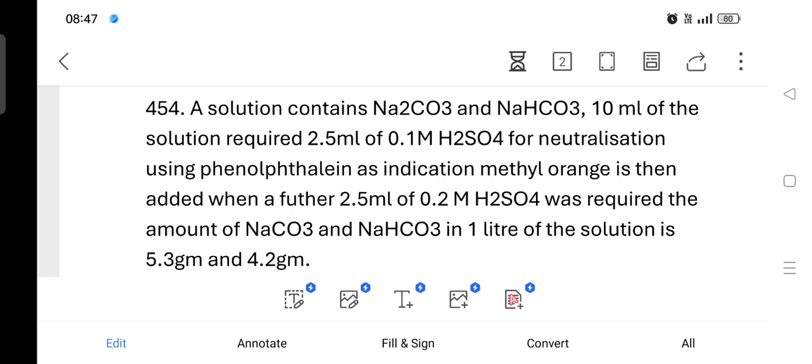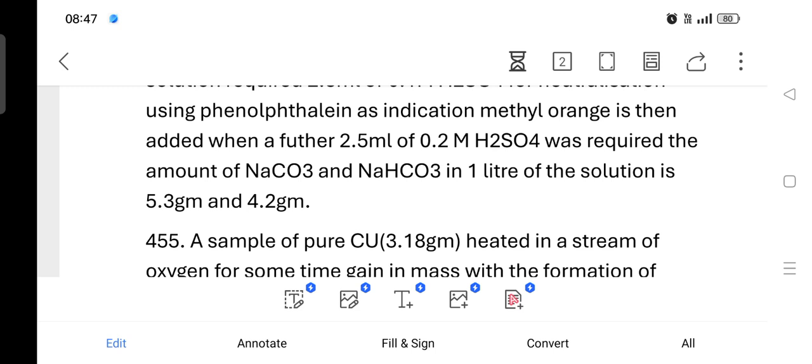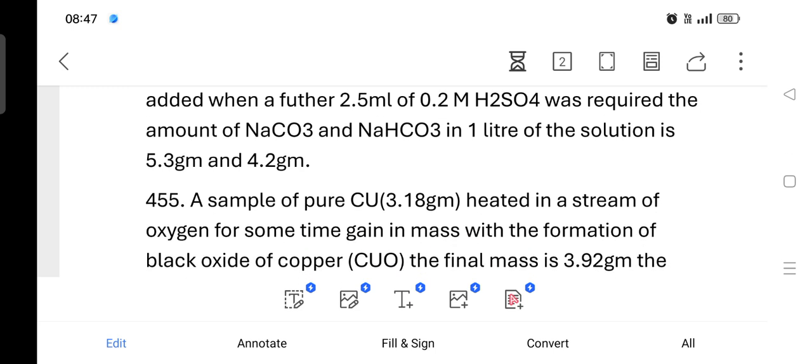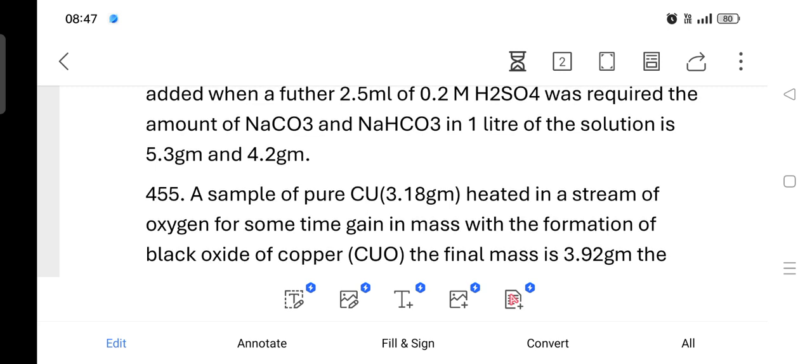Methyl orange is then added, when a further 2.5 ml of 0.2 M H2SO4 was required. The amount of Na2CO3 and NaHCO3 in 1 liter of the solution is 5.3 grams and 4.2 grams.